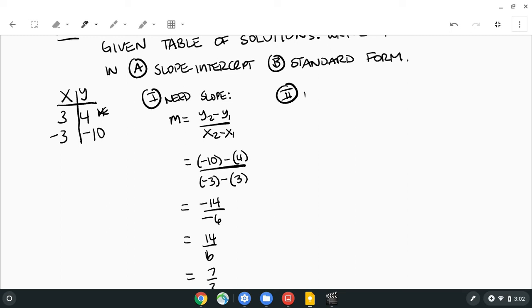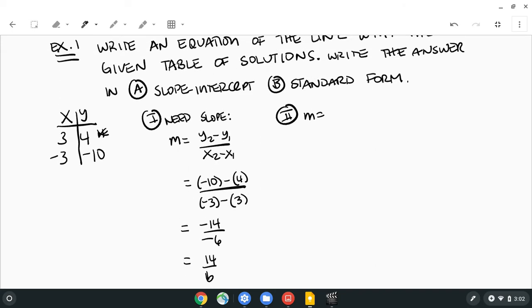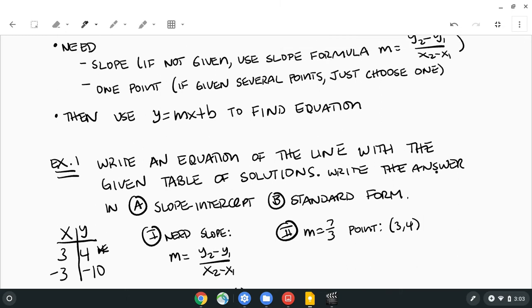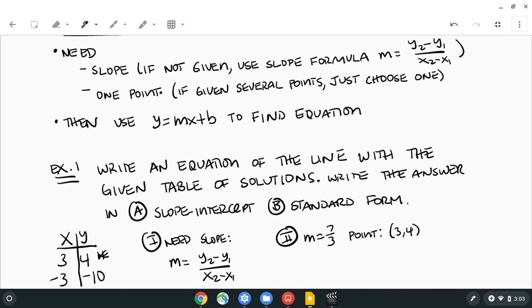Okay, so I know my slope is 7/3. And the point that I'm going to be using is the first one, 3, 4. So I have my slope and my point. And again, that's what we need: slope and 1 point. And we have that. The slope is 7/3, the point is 3, 4.